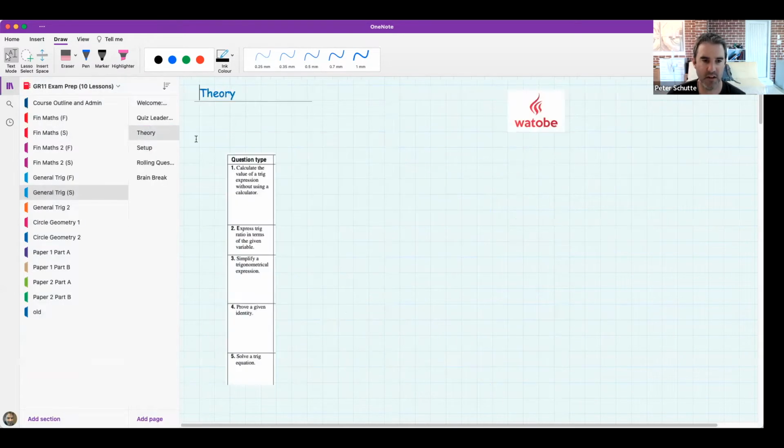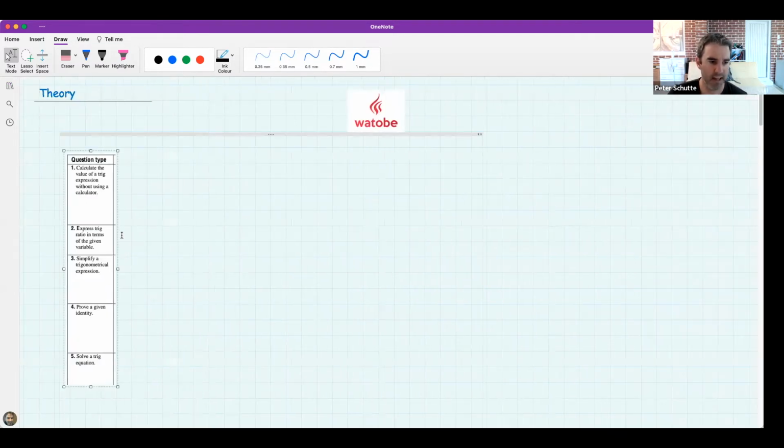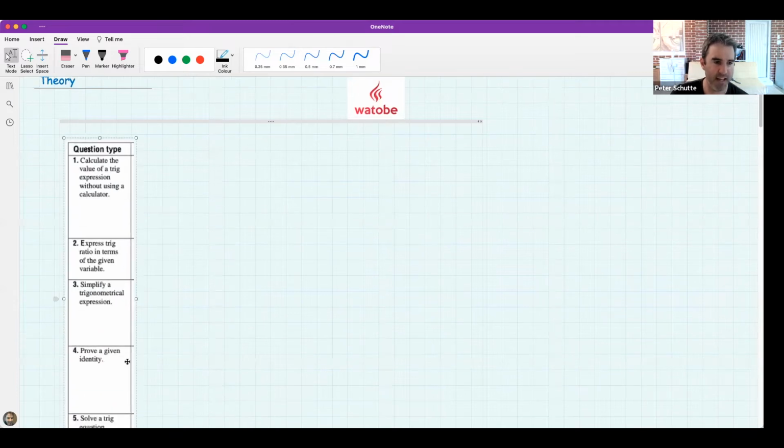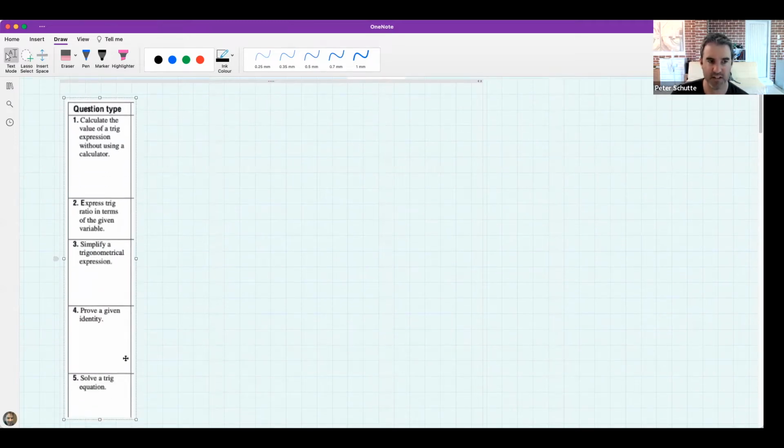Let's get going. So basically, there are 5 main types of questions that you'll see in exams. Let's just start by talking about that. Calculate the value of a trig expression without using a calculator. What is that code for normally? When they say without using a calculator, what's normally going to be involved?